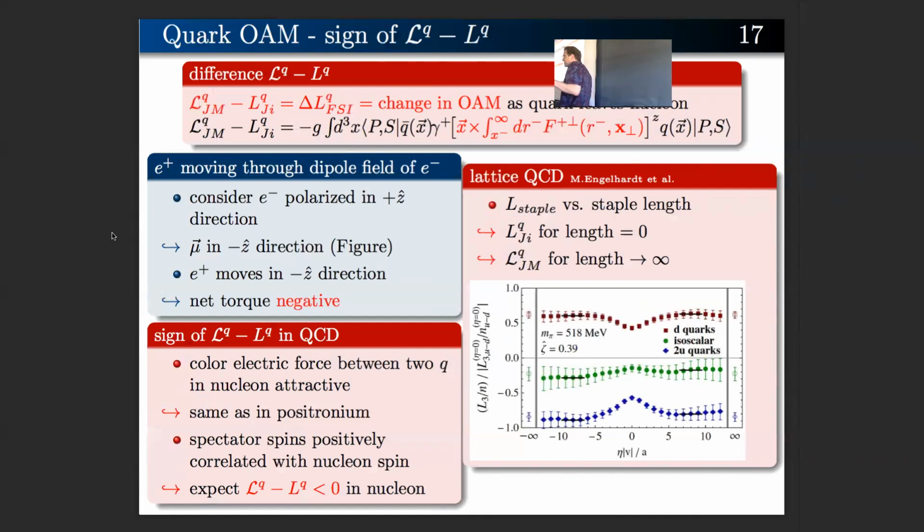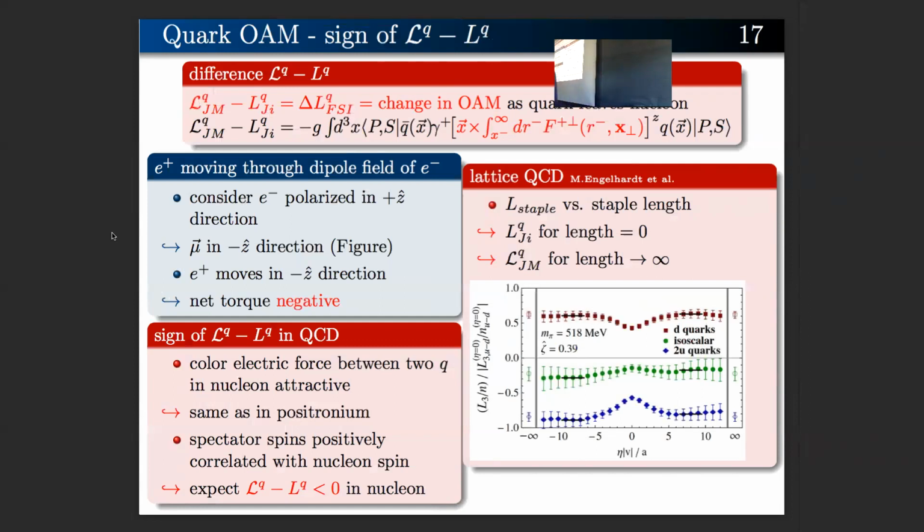Obviously, this is not the final word. There are a lot of extrapolations that still need to be done: smaller pion mass, make the nucleons faster. Those are just the most obvious things that still need to be done. But what this calculation clearly shows is that non-perturbatively there's a difference between G and Jaffe-Manoha orbital angular momentum.